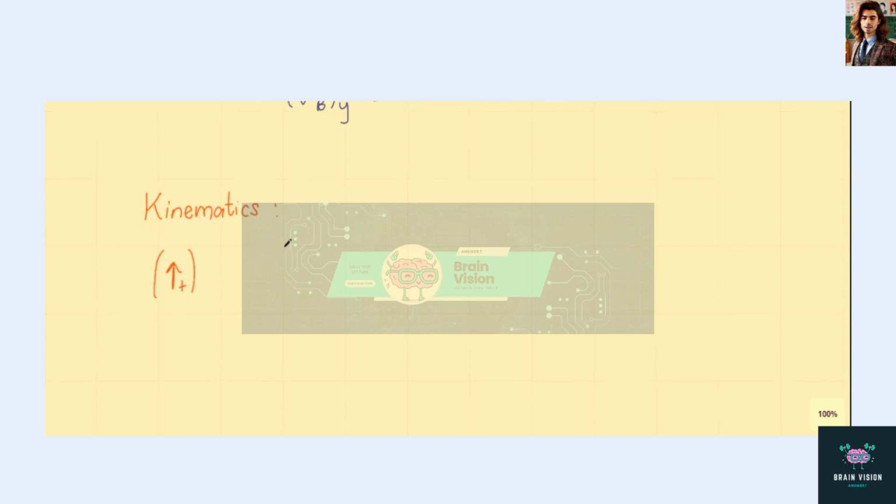So we use the equation vCy squared is equal to the velocity after the rebound, v prime By, squared, plus 2a times sCy minus sBy.